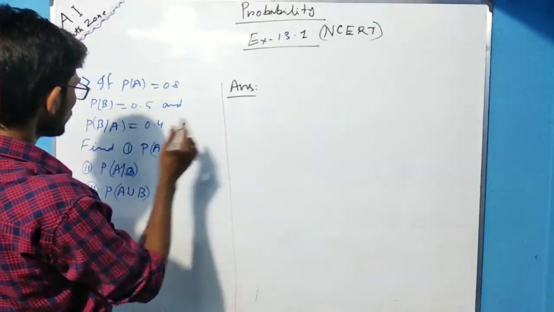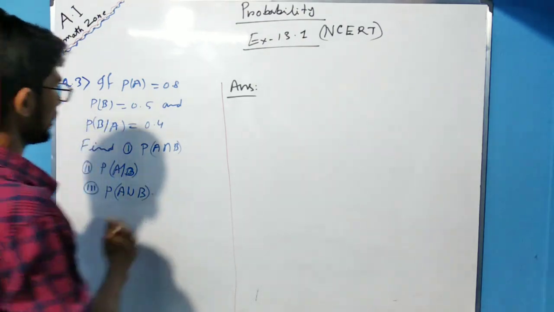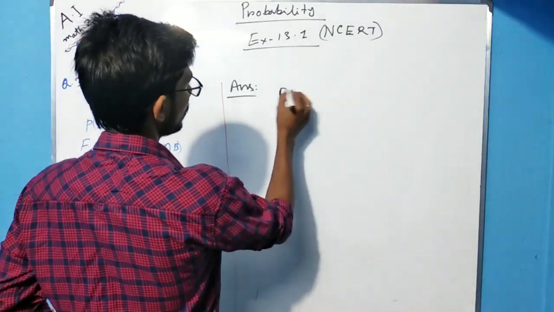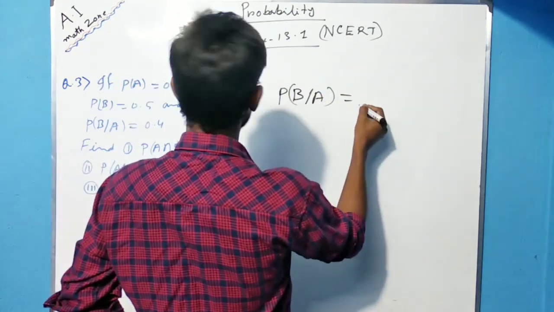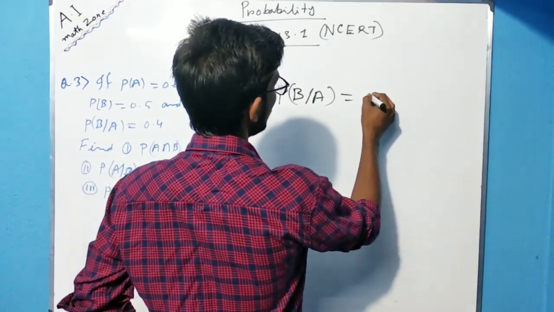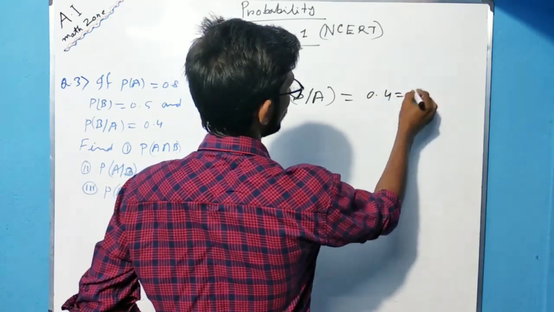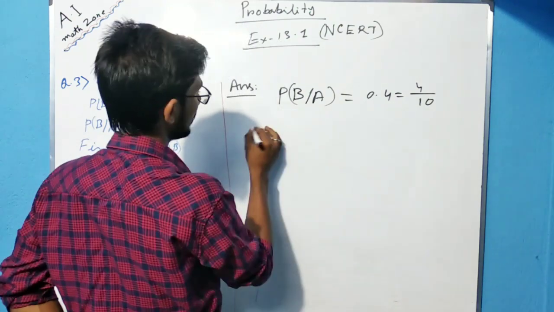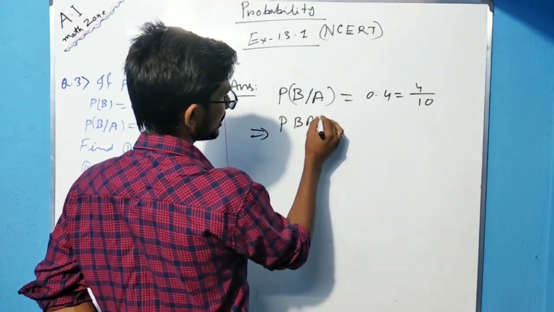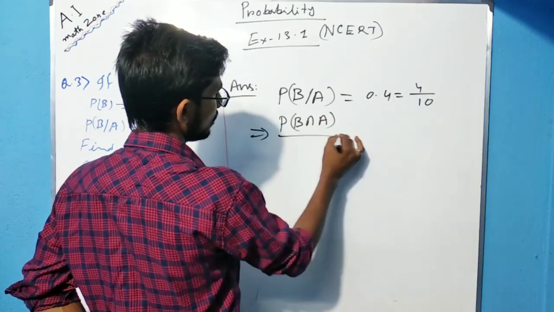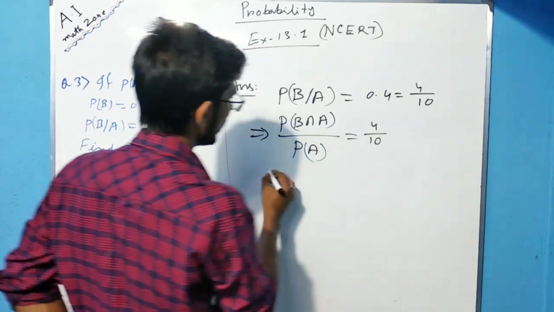So this one is given probability of B by A, right? So we know probability of B by A is equal to 0.4, that means 4 by 10. This implies you can write probability of B intersection A by probability of A is equal to 4 by 10.